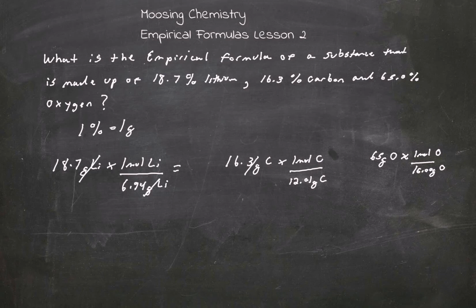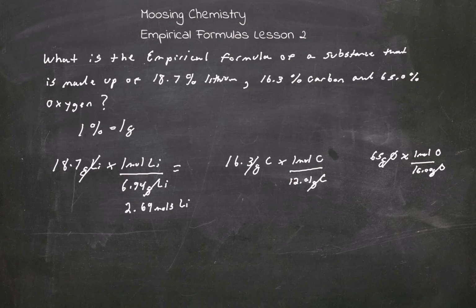Now we take 18.7 divided by 6.94, and that's going to give me 2.69 moles of lithium.